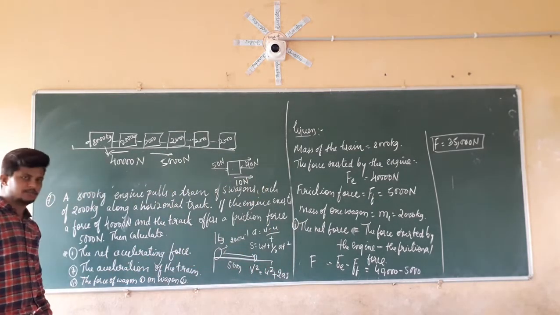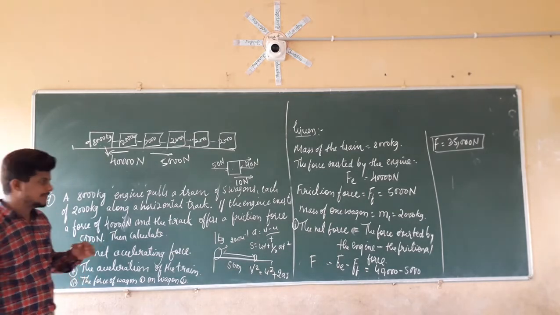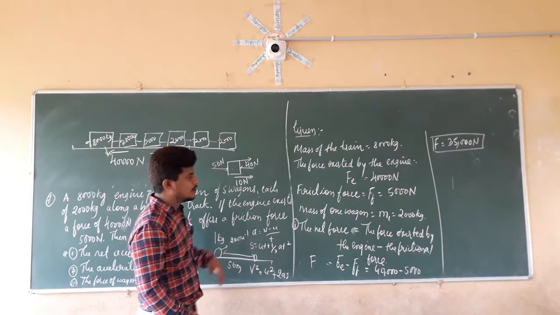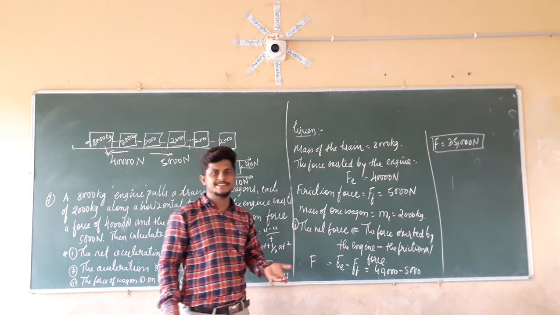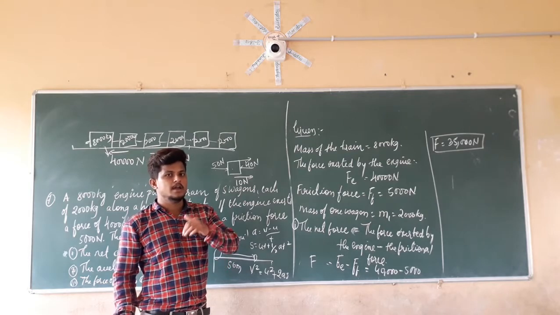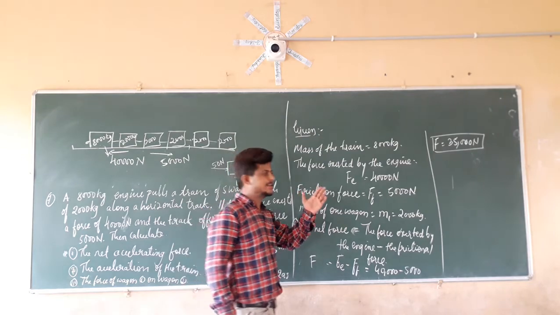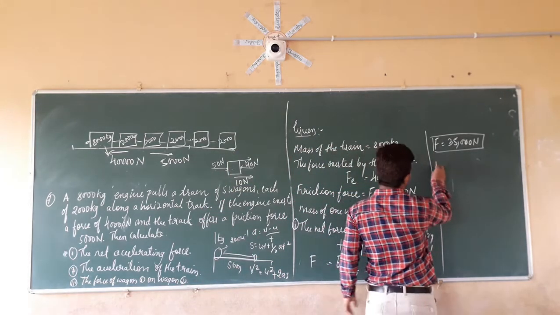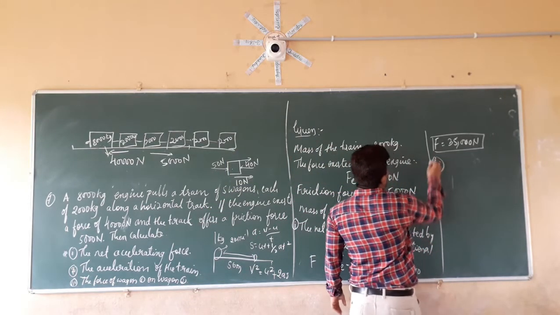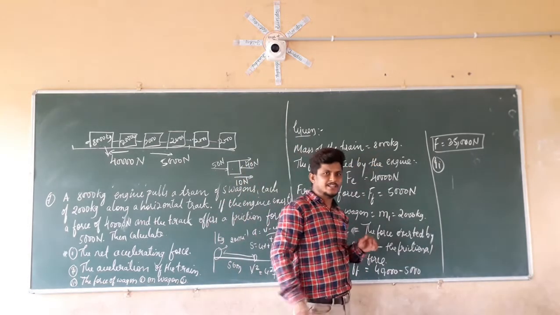Now the second question, the acceleration of the train. We already know by Newton's second law of motion that F equals m into a. They have already given the force here. So what is the mass given here? The mass is given as 8,000 kg.